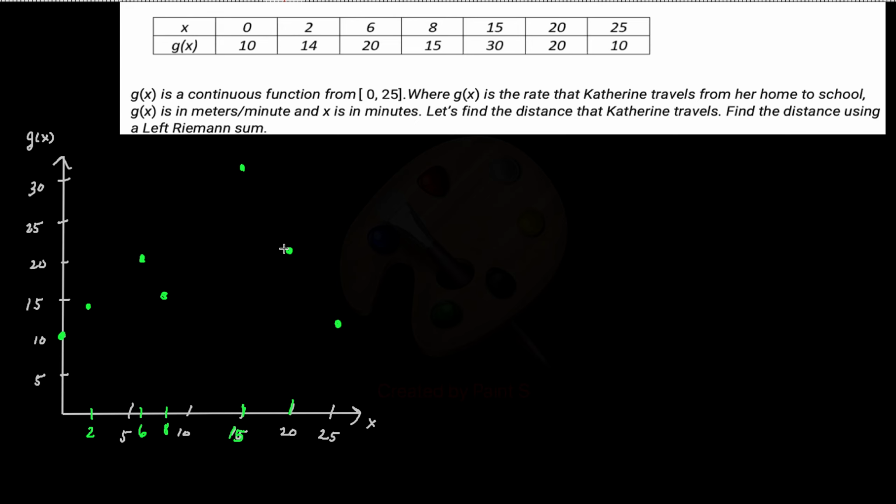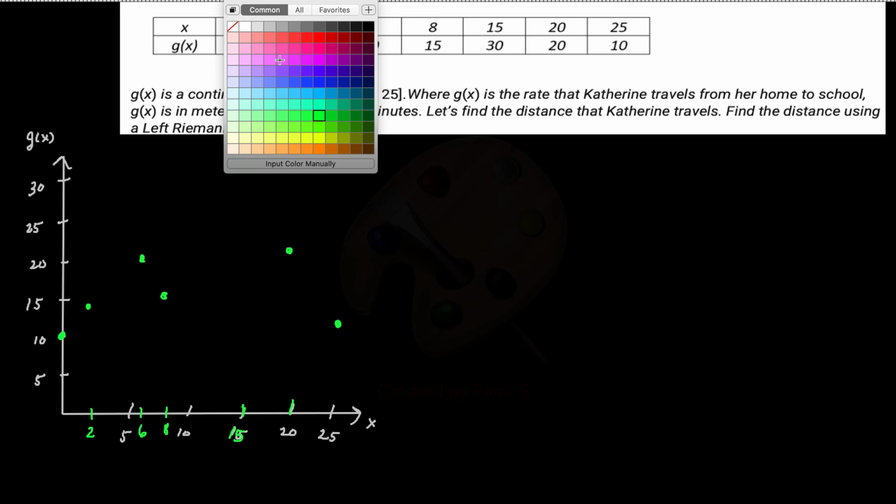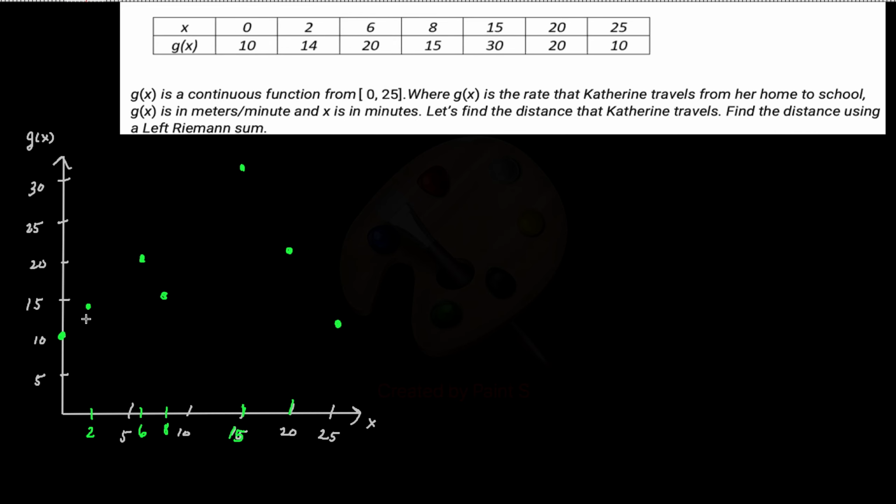The curve as a whole could look like a variety of things. You don't know what it looks like, but whatever curve it is, it has to connect those points continuously. So you want to approximate the area using a left Riemann sum. The first one is going to look like this.